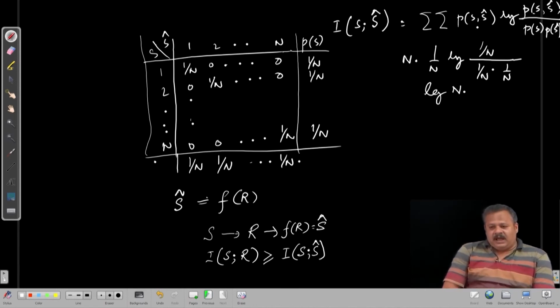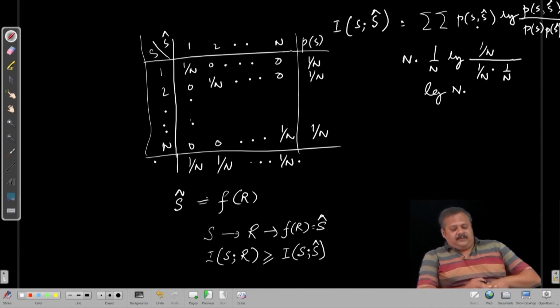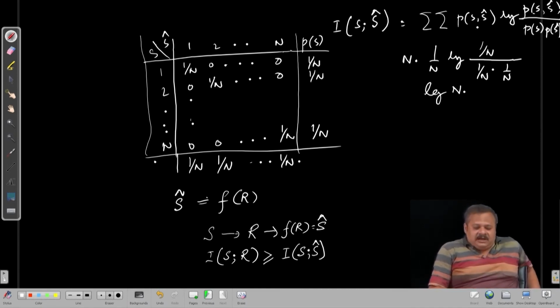So, what we have obtained by this calculation is a lower bound of the dependence between the stimulus and response. That is, this is the least amount of dependence that must be there between the stimulus and response, because this mutual information I(S; S hat) is the minimum amount of mutual information that I(S; R) has, and we have computed I(S; S hat).